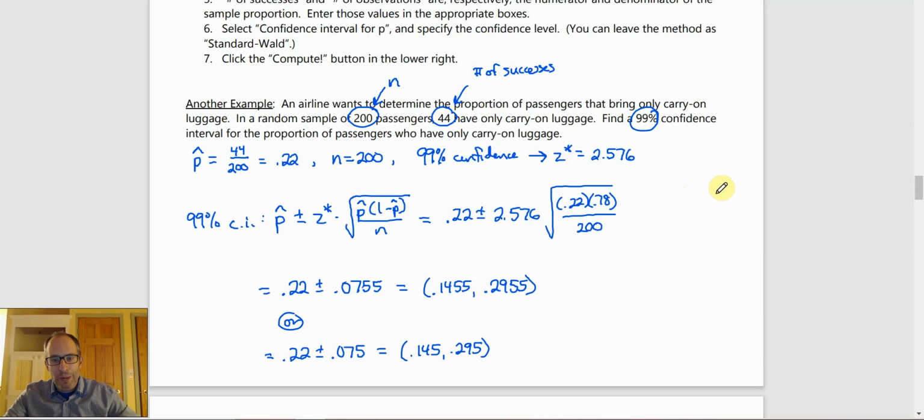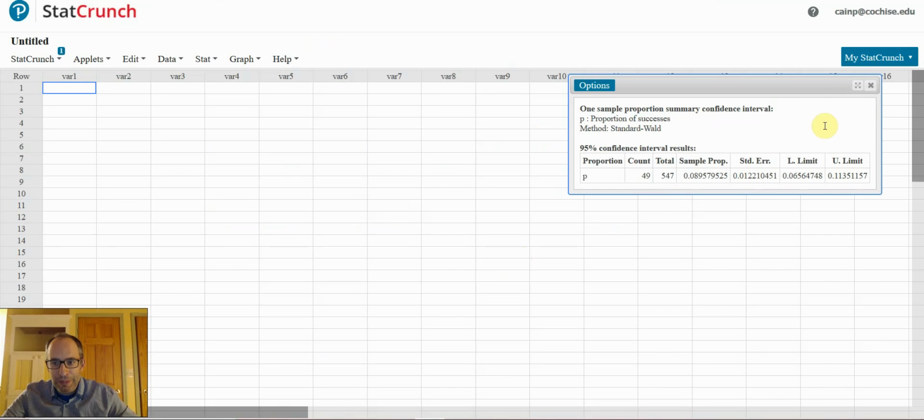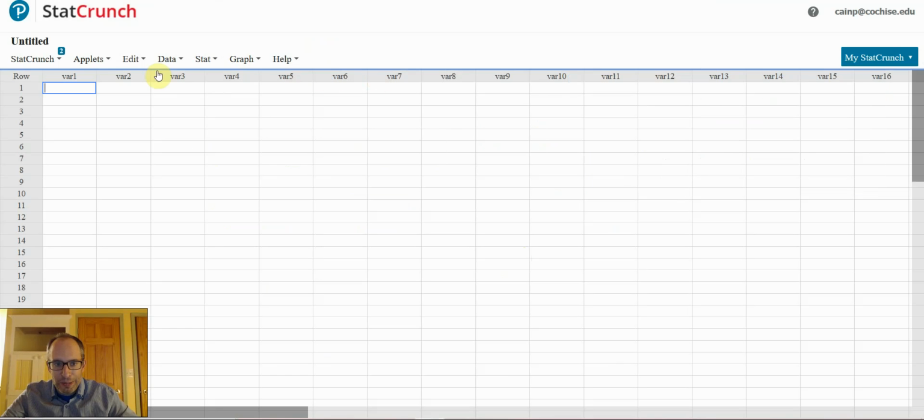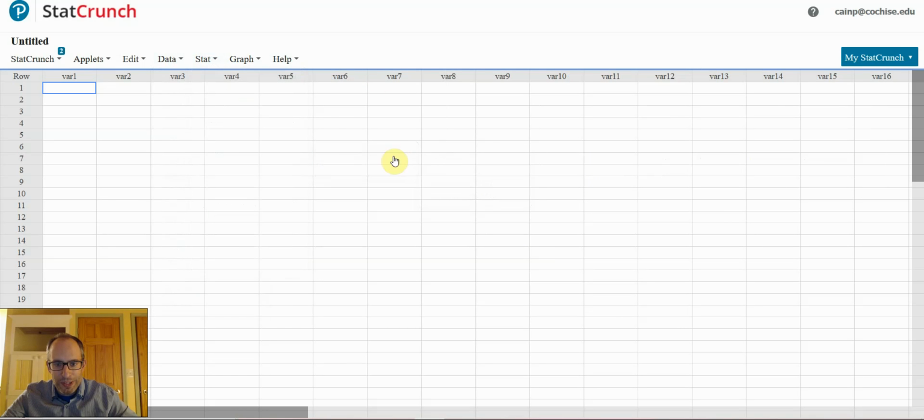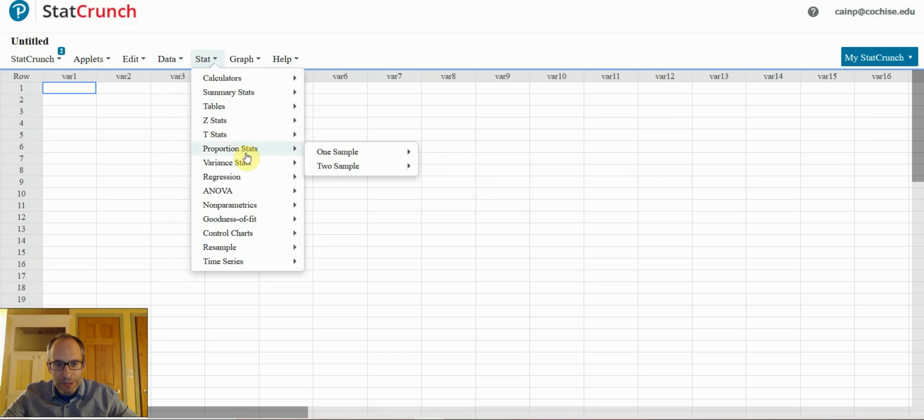So let's see how we would do this if we were going to do it in StatCrunch. I guess the numbers that we need are 44, 200, and 99%, right? So just remember that, 44, 200, 99%. All right, so let's get this out of here. We'll make a new one. So we go to Stat, Proportion Stats, One Sample. Oops, didn't mean to click on that. One Sample with Summary.